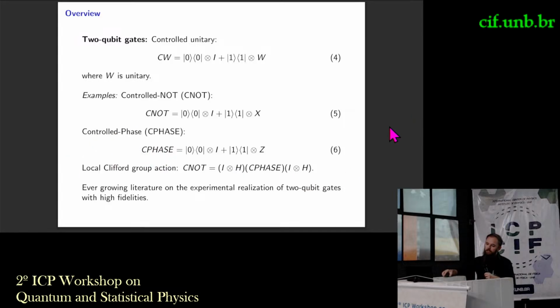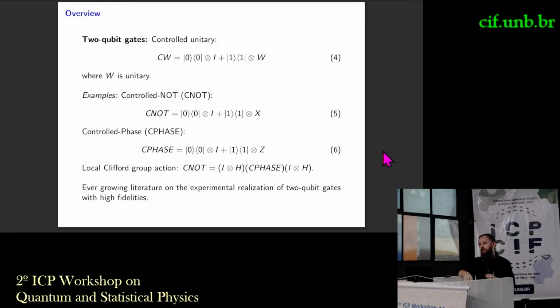And entering the topic of what I want to talk about, we have these 2-qubit gates that are similar to an if operation in programming. So it works like that.